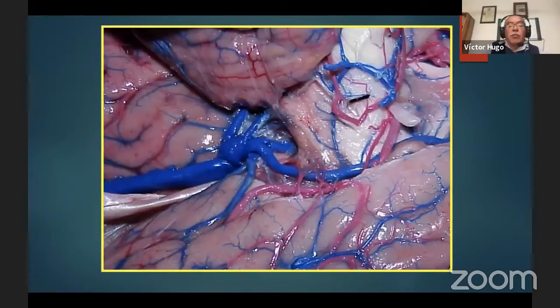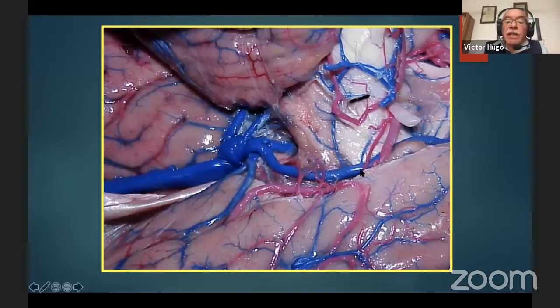And this is another model. This is the straight sinus, and the two major distributors to the great cerebral vein, also known as vein of Galen or Galen's vein.